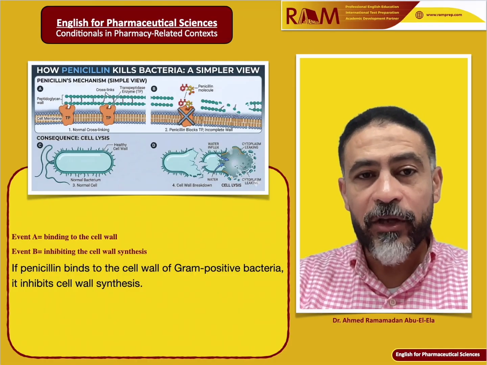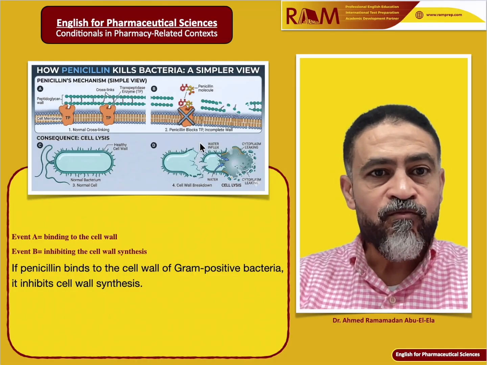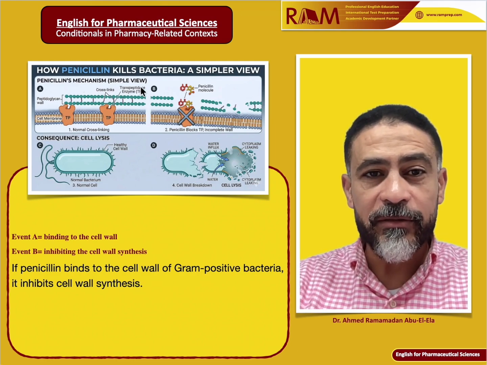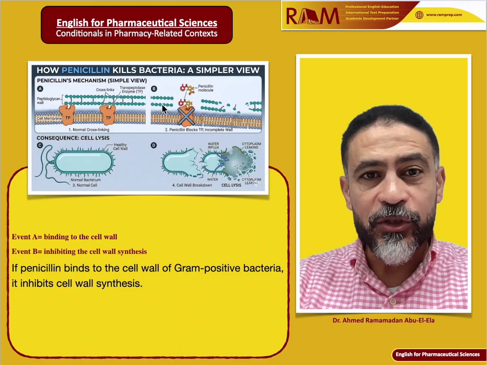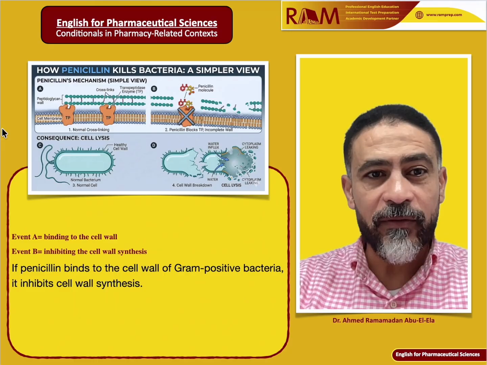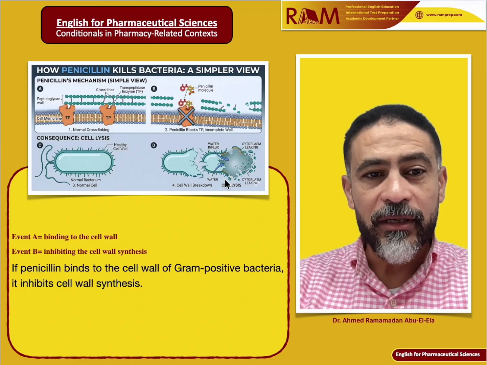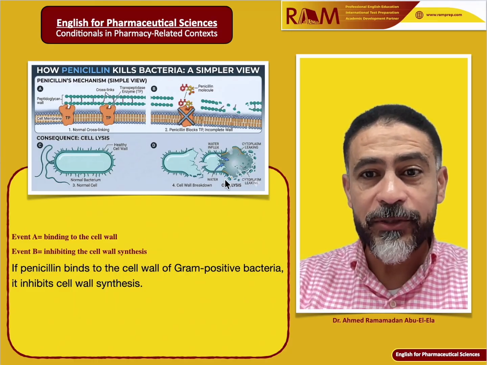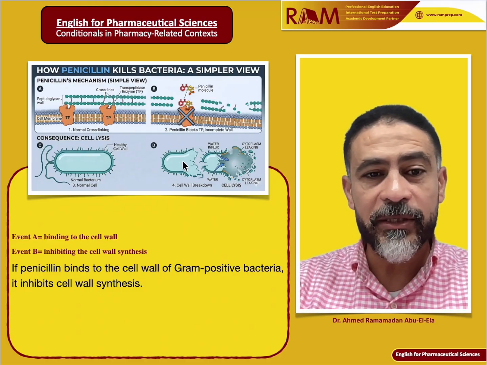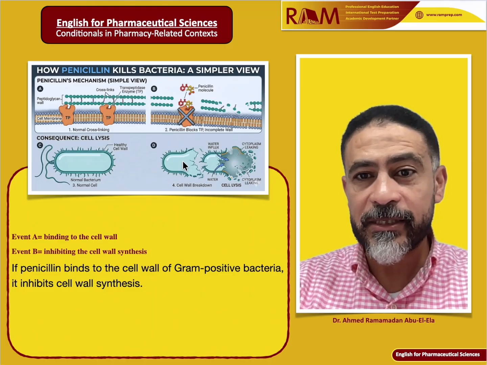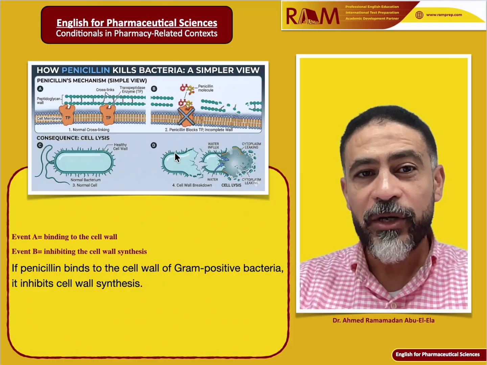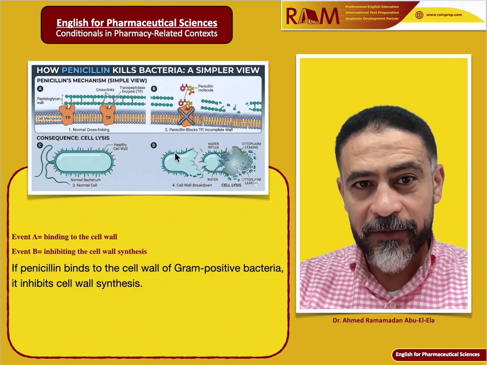Let's consider this scene. We have here penicillin, and this penicillin binds to the cell wall of a gram-positive bacteria, and then the cell wall ruptures. In that way penicillin inhibits the cell wall synthesis, so there is no cell wall here for a gram-positive bacteria, and this is how penicillin kills the gram-positive bacteria.